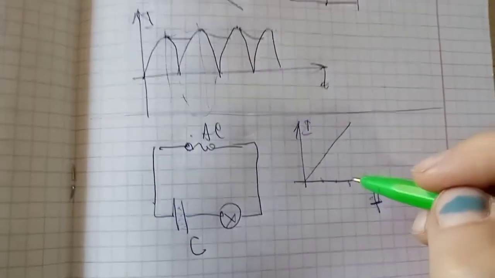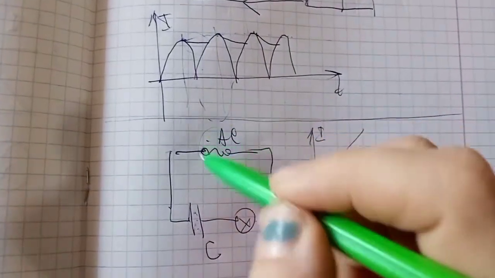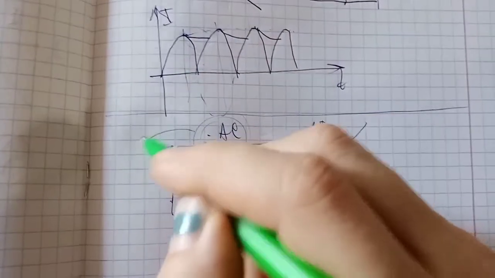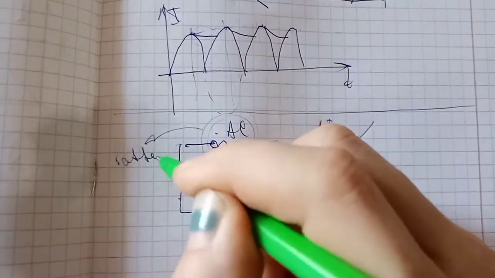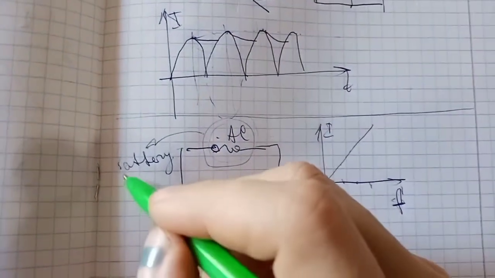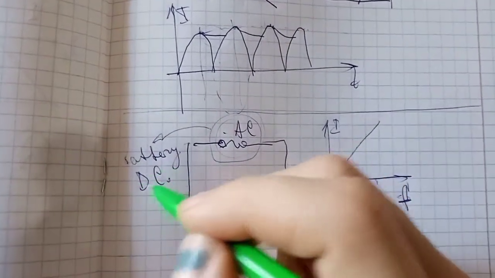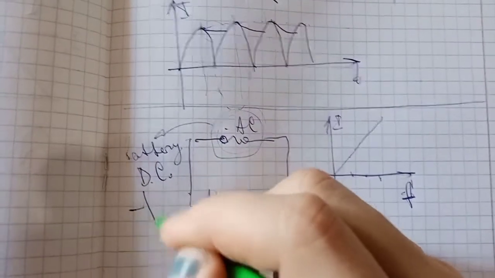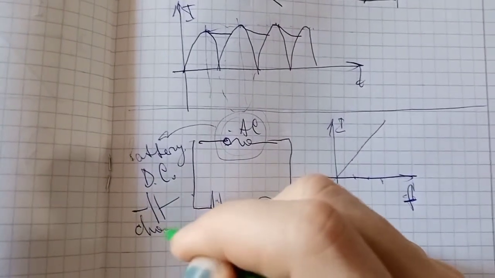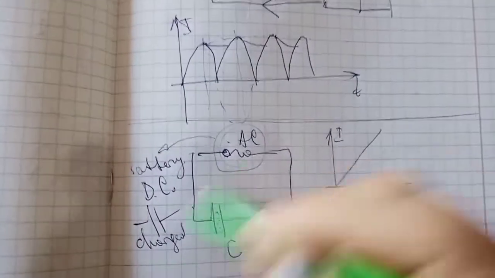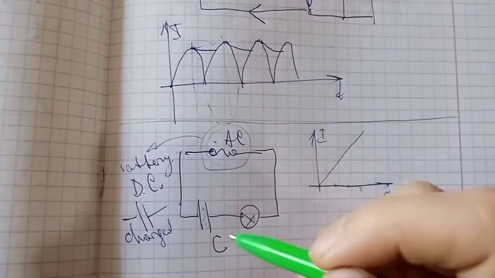And also when we, for example, want to change AC to a battery, it can be considered as temporary DC, a direct current, or as another capacitor which is charged. So what will happen in the circuit?